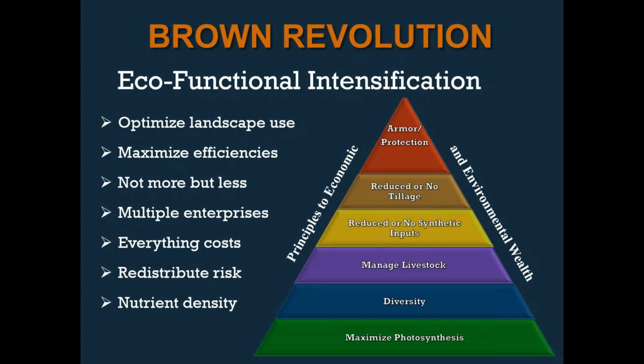And then we're going to talk a little bit about reducing synthetic inputs, because that becomes an important component from both the use of cover crops to help provide fertility into the system, but also how that can help to enhance soil biology and biological activity in that system.